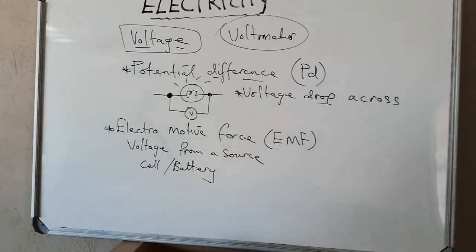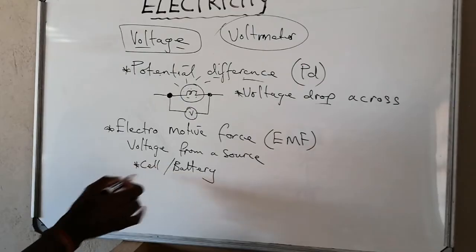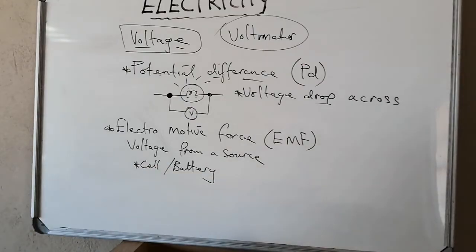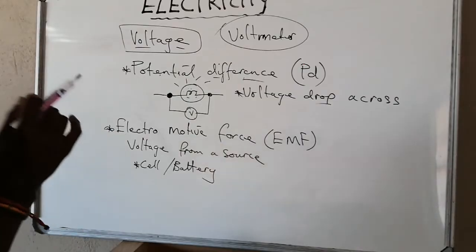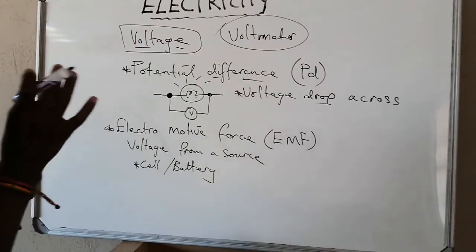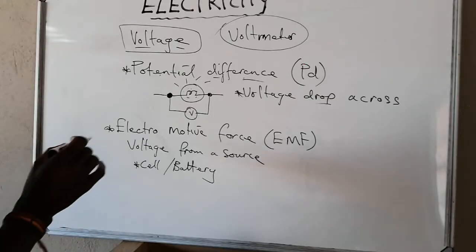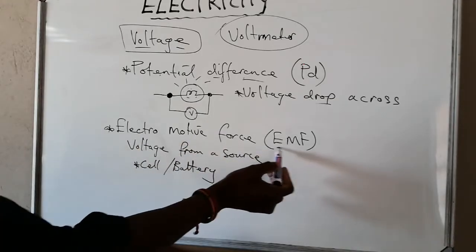So the voltage from the source, the source being a cell or a battery, or it could be a generator, it could be anything, as long as it is producing that voltage that is coming from a source of electricity, that is regarded as EMF.